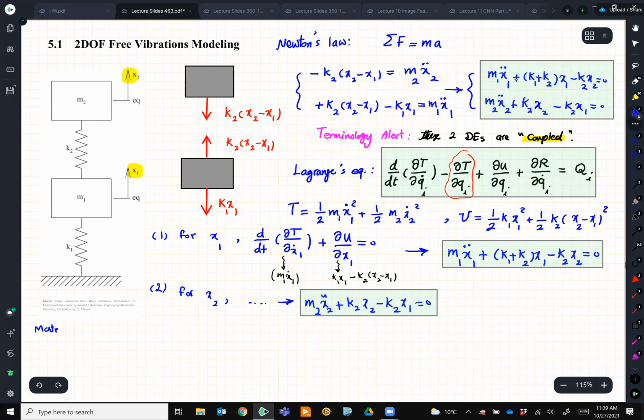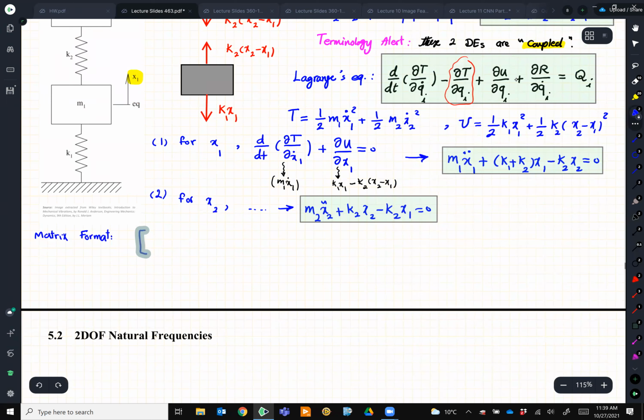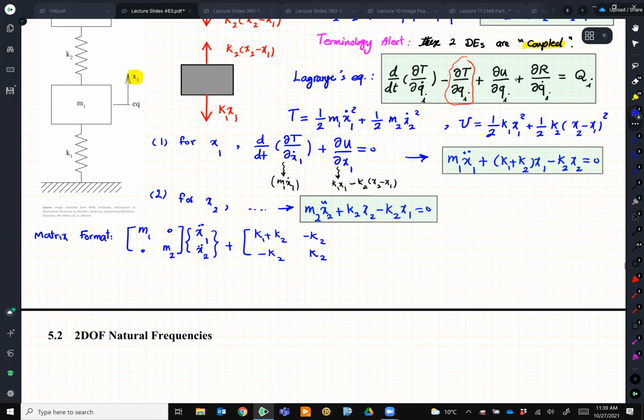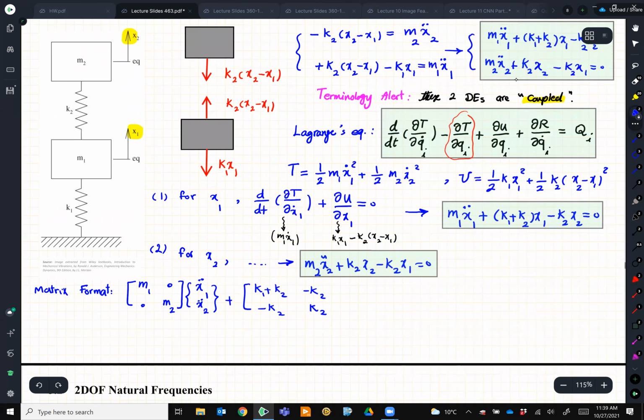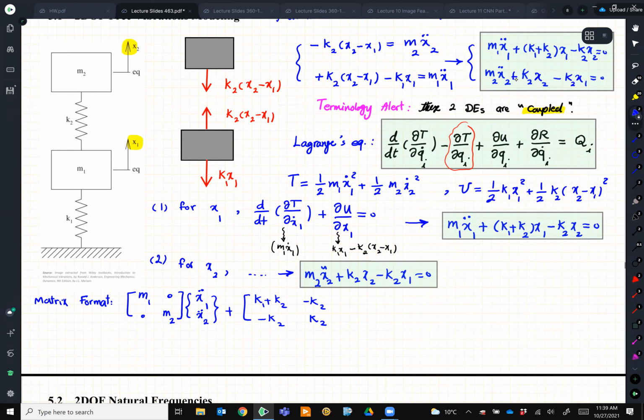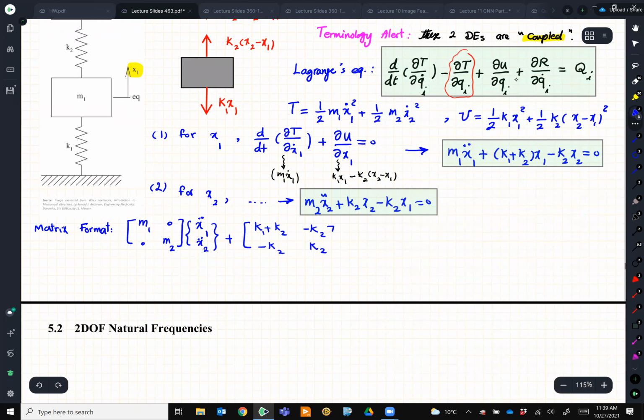Usually it's better. So in matrix format, these two equations will look like [m1, 0; 0, m2] times [x double dot 1; x double dot 2] plus [k1 plus k2, minus k2; minus k2, k2] times [x1; x2] equal to 0.